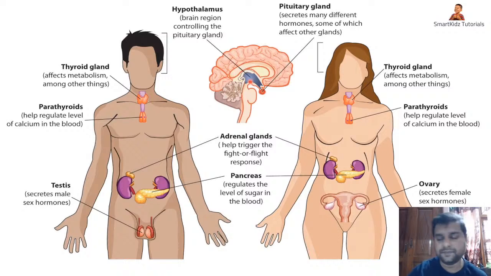That's when we get fever. Apart from this, we have discussed all of them: the pituitary gland, the thyroid gland, the adrenal glands, and lastly we have spoken about the testis and the ovary.